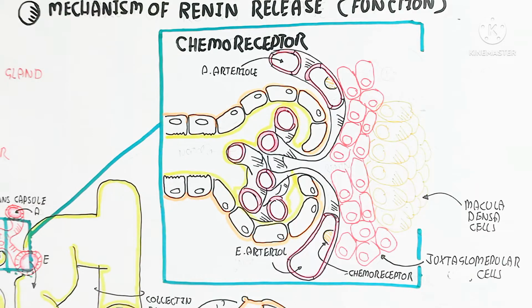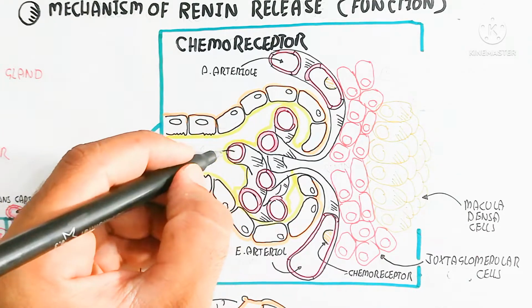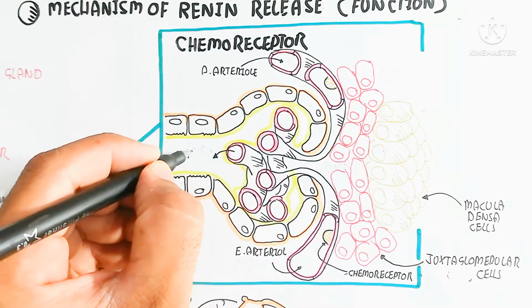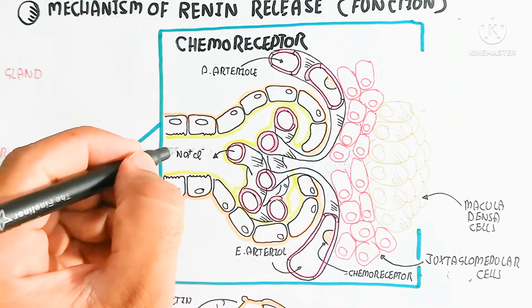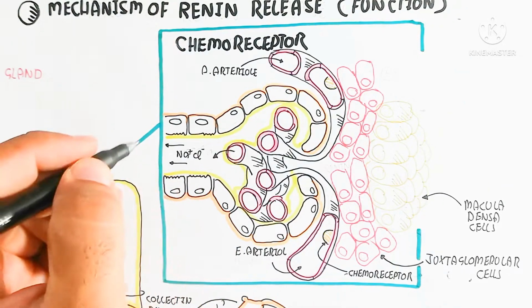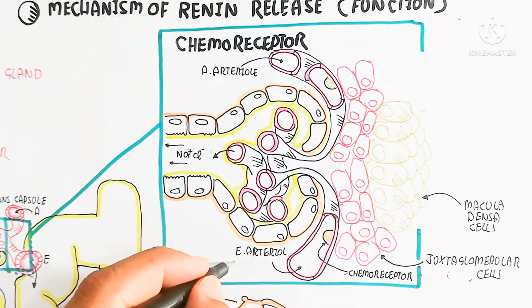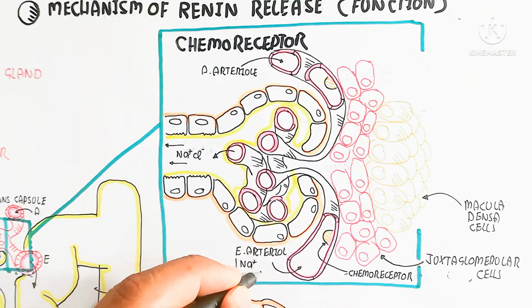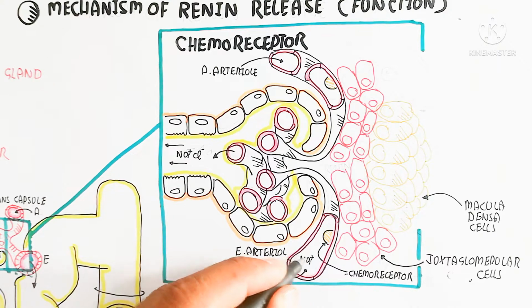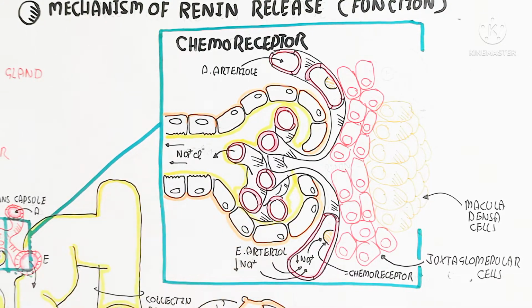So the sodium will be reabsorbed more, and these chemoreceptors are also present in the afferent arteriole and efferent arteriole for detection, and in the efferent arteriole the sodium level will drop so that reabsorption occurs, and in this way the blood pressure should be increased.